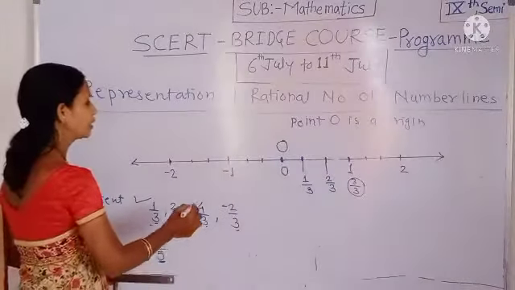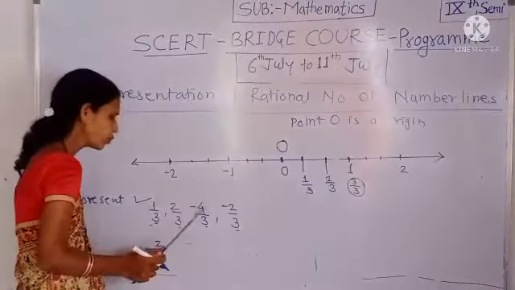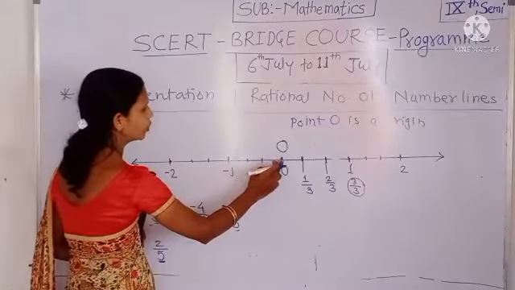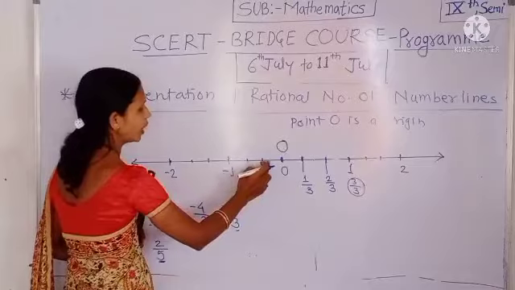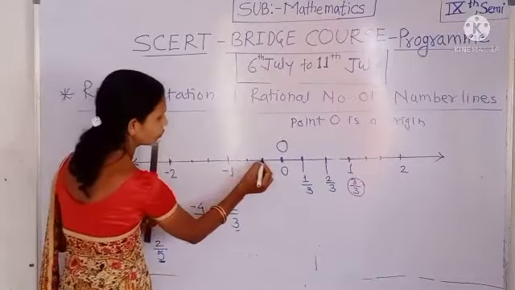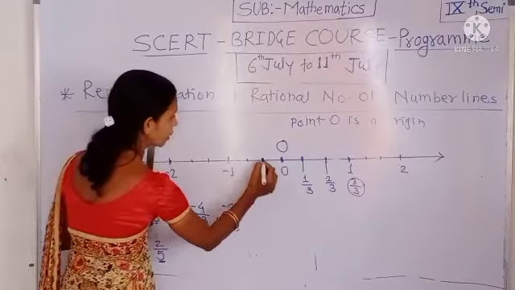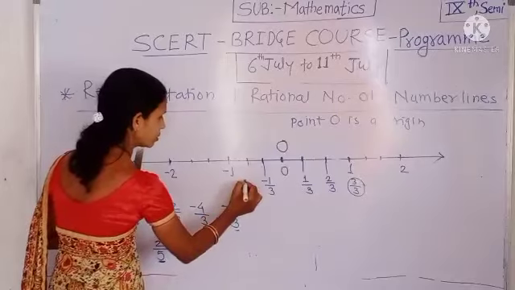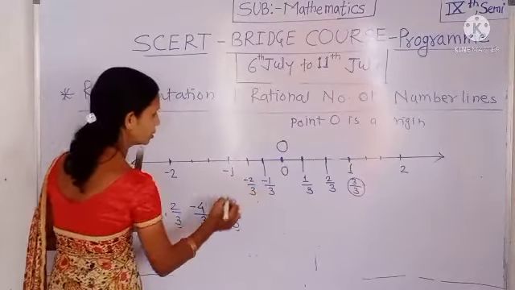Like that we can represent minus 4 upon 3. Then it is a negative number, therefore we have to move from 0 to the left hand side. Minus 4 is there, therefore here minus 1 upon 3 is there. Minus 2 upon 3 is there.